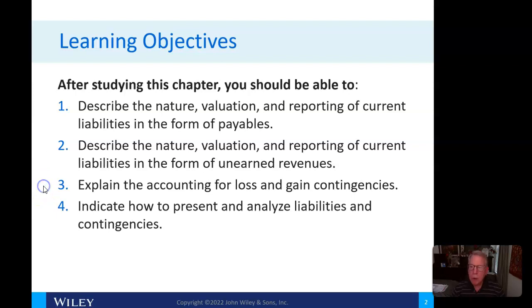Number 3, we will explain the accounting for losses and gain contingencies. And lastly, number 4, we're going to indicate how to present and analyze liabilities and contingencies. As with the previous chapters, some of this is going to be review, but some of this will be additional information.